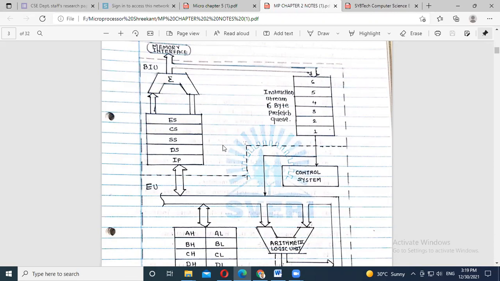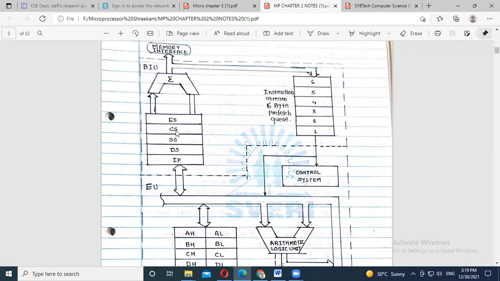So this is for the upper half part of the 8086 architecture explanation. And the arithmetic and logical operations happen here.